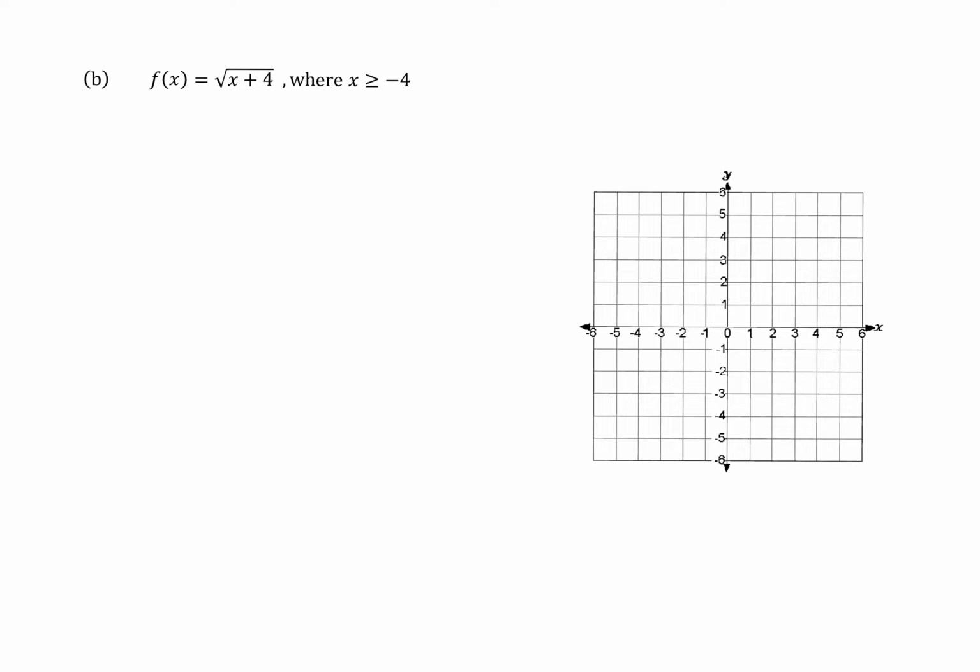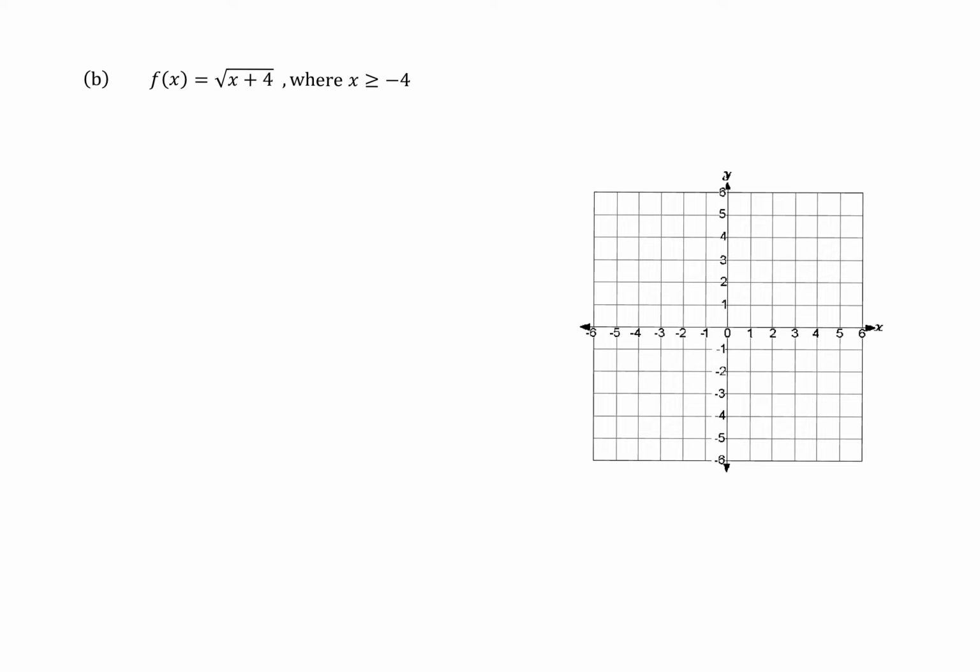In this last example, my function is the square root of x plus 4. And here I'm told that x has to be greater than or equal to -4. And I know that that's its domain, because notice that if x is smaller than -4, say -5, I'll have a negative underneath my square root, so it's not defined.